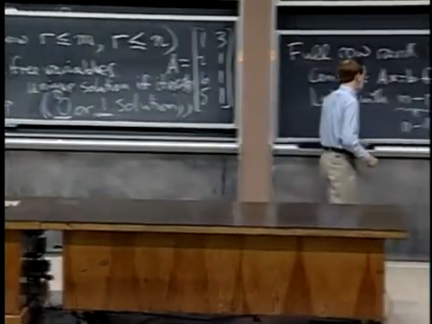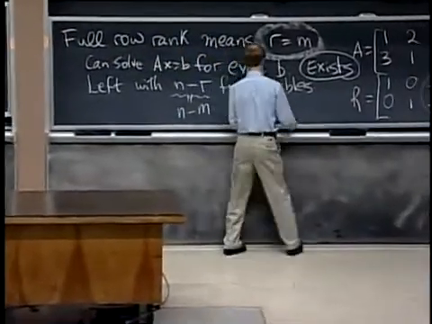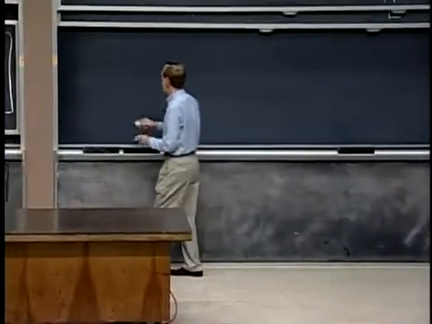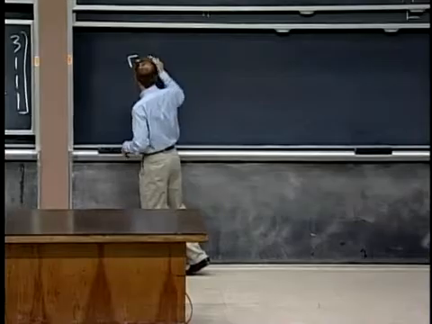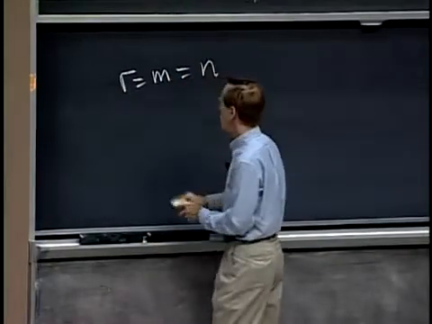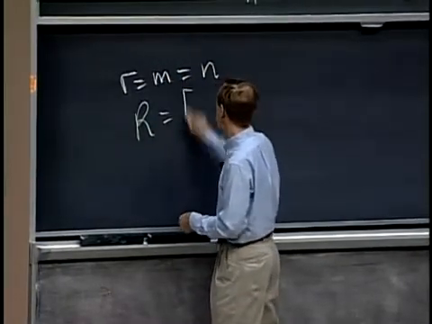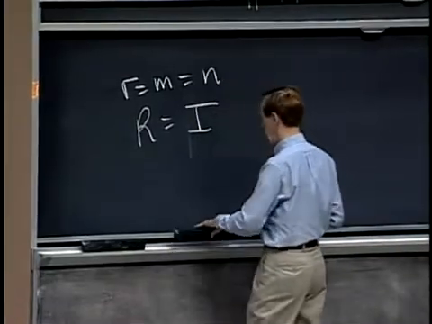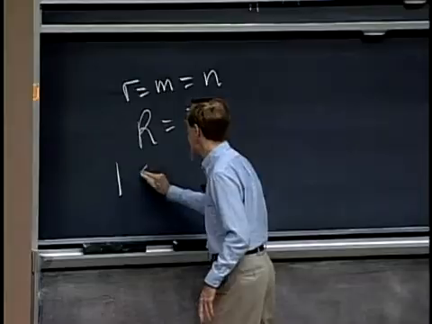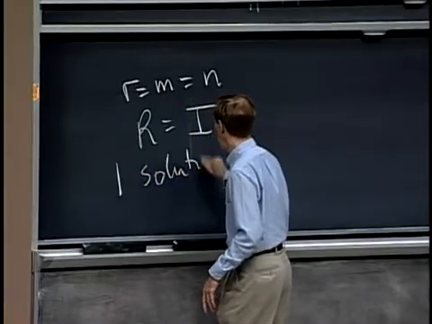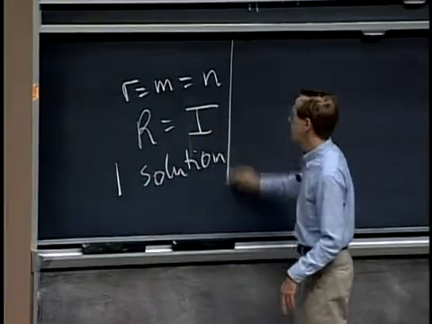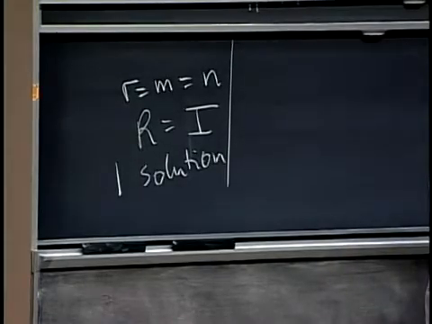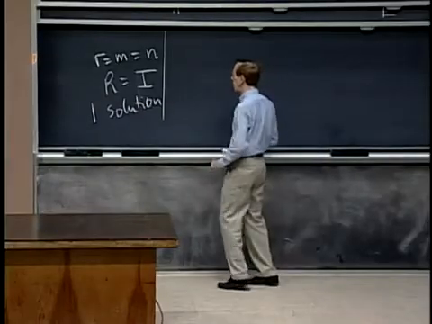Let me summarize the whole picture here. I could have R equal M equal N. This is the case where this is the identity matrix. And this is the case where there's one solution. That's the square invertible chapter 2 case. Now we're into chapter 3.